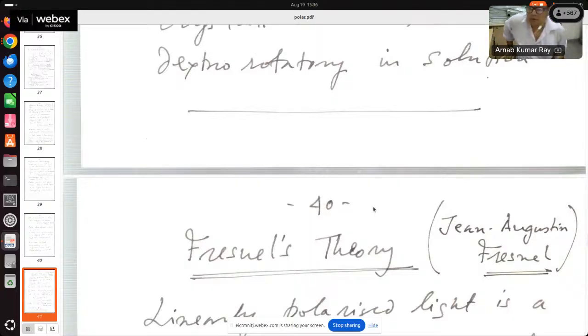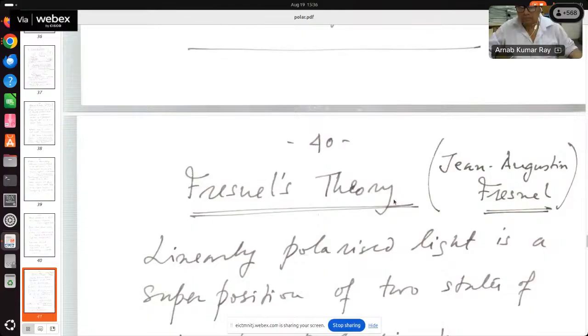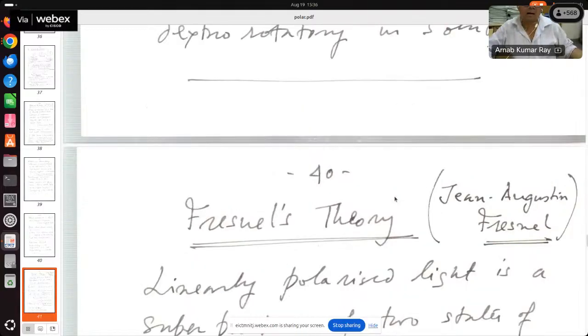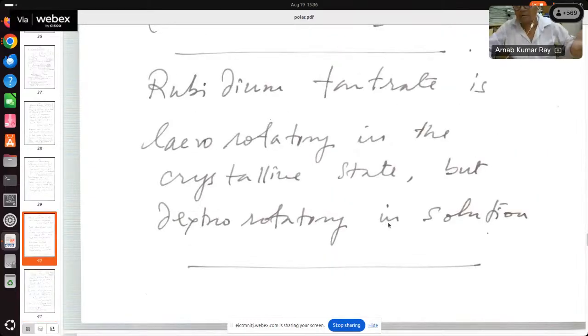Okay, so Fresnel gave a very elegant phenomenological explanation for optical activity. It's a very simple mathematical discussion and phenomenology. Of course, as you can see, there is such a vast range of properties and features in optical activity.